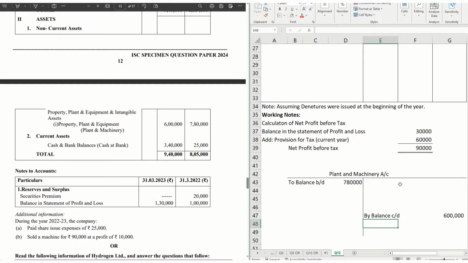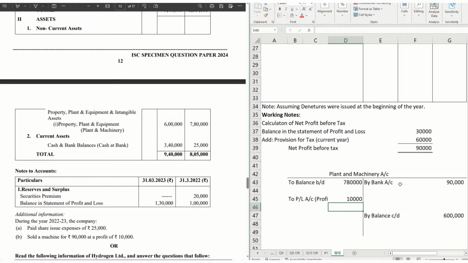Okay, then we have information which says sold a machine for 90,000 at a profit of 10,000, right? So machines are sold by bank account for 90,000, and at a profit of 10,000, so to PL account, profit of 10,000.